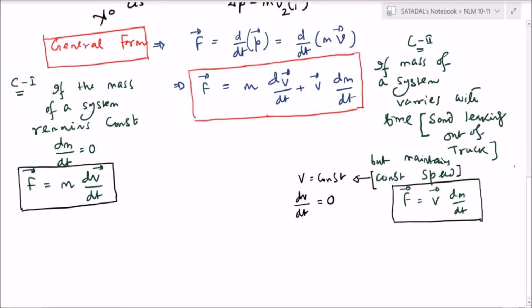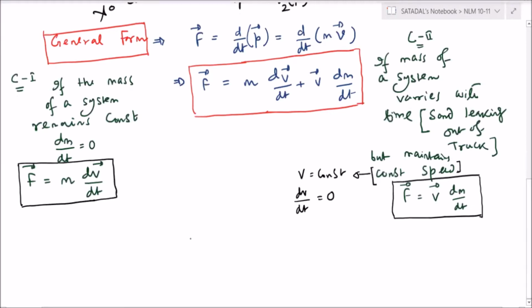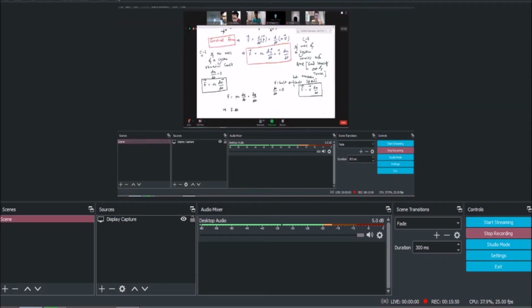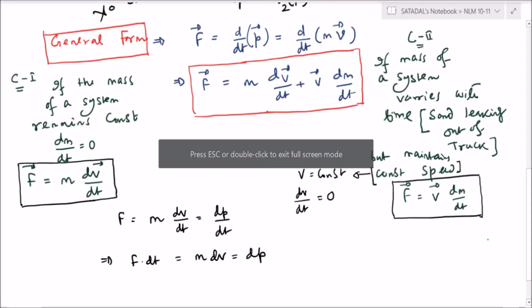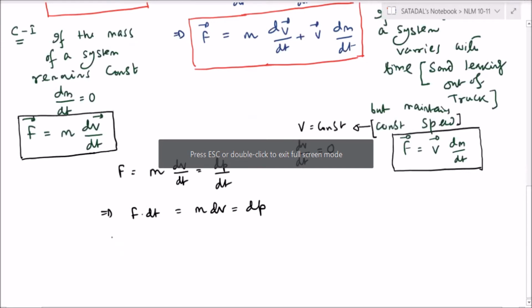Fine. Chalo, let's proceed now. If you look at this equation, I'm just taking this particular thing. F is equal to m dv/dt, or else we can write dp/dt. If you write F dt, how much are you getting? You're getting m dv or dp, right?